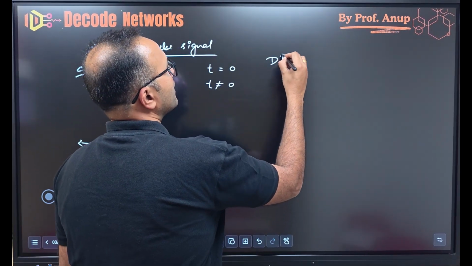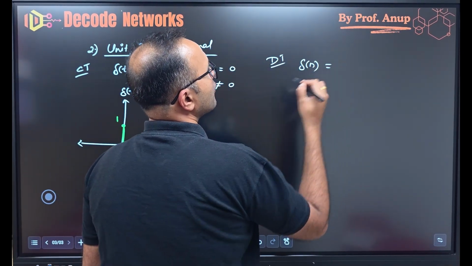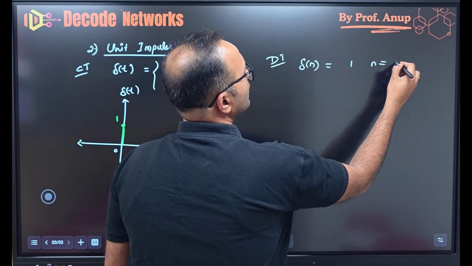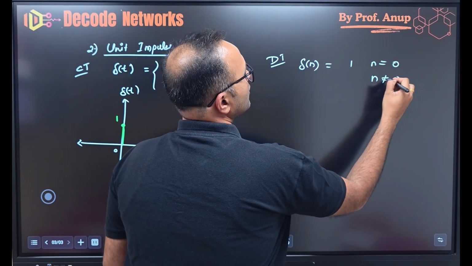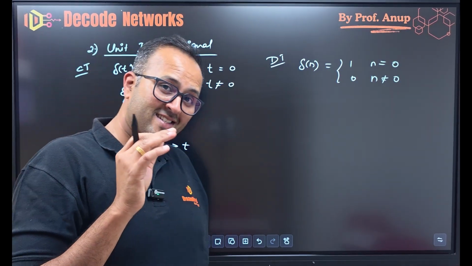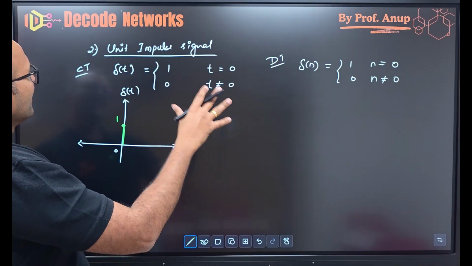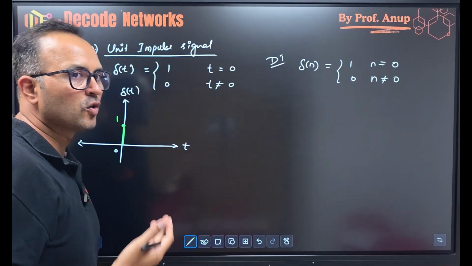Now coming to DT, it is del of n. Now what is del of n? It is 1 when n is equal to 0. When n is not equal to 0, your signal is 0. Now, a fantastic thing you have to understand. This is only one signal. In CT or DT, it looks same.